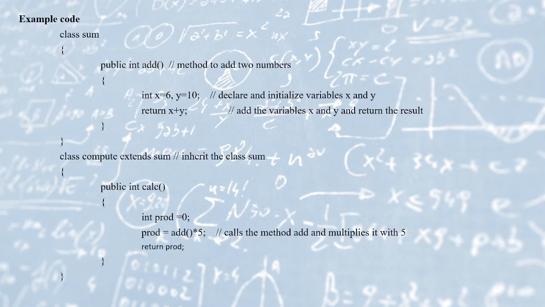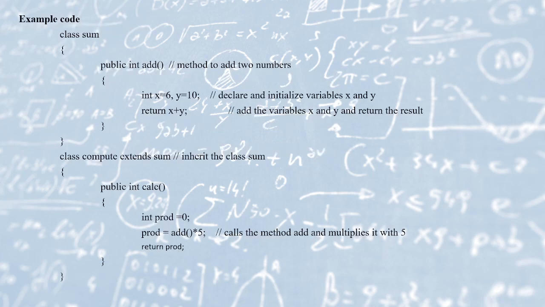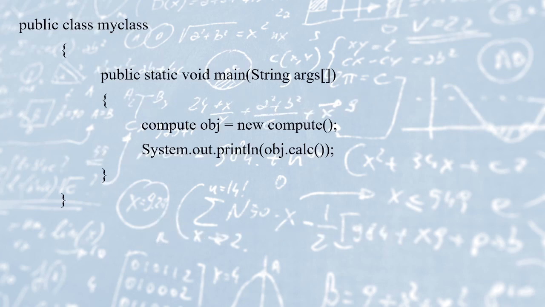Let us look at a simple inheritance code. We have a class Sum, the base class, with a method to add two numbers. Then we have a class Compute which extends Sum, that is, inherits the class Sum, and has a calc method. Then we have the main class, where we create the object and print the result of the calc method.